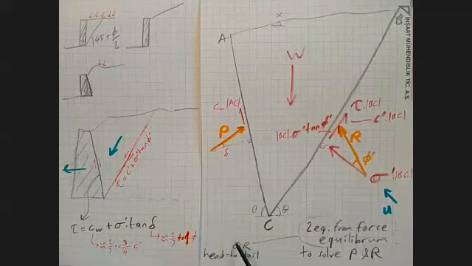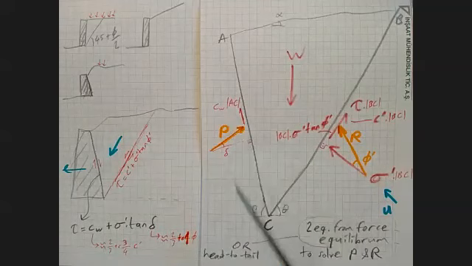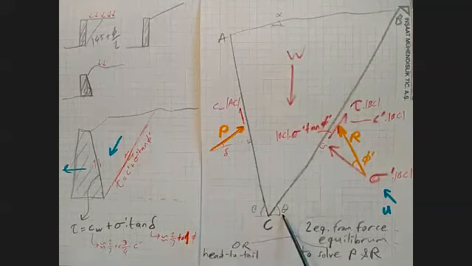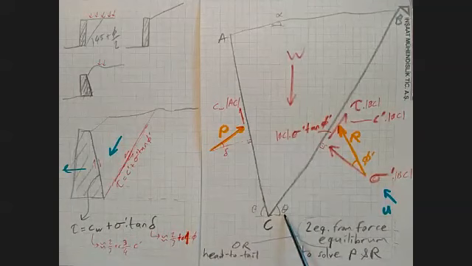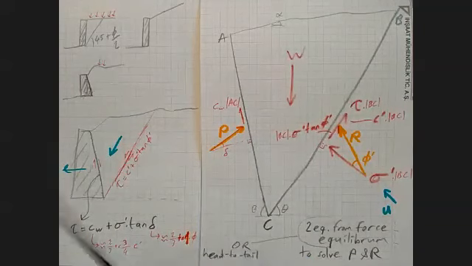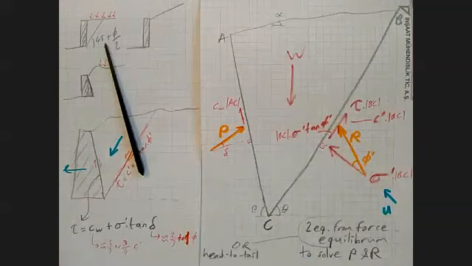I have the wall geometry, I have the wall height, I have the wall angle. Here is my unknown. I don't know what angle my failure plane is. And you might think it should be 45 plus phi over 2. Why not?